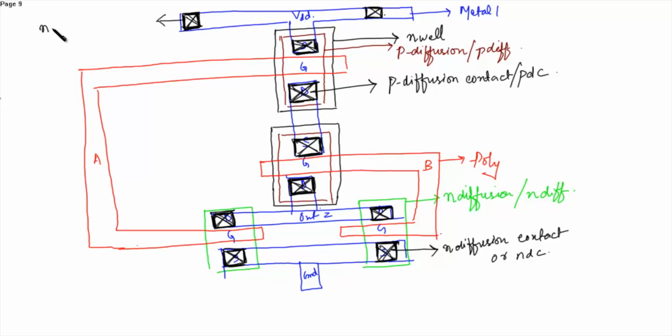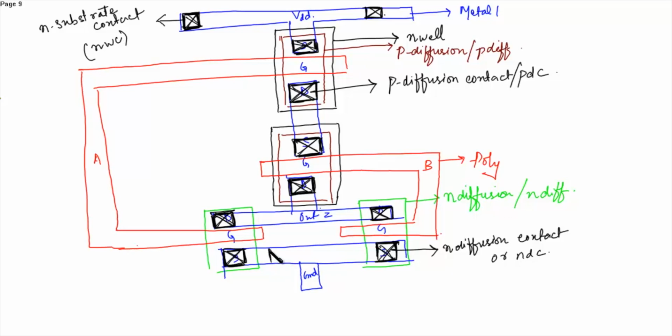So this is the N substrate contact. The N substrate contact is placed at the side of the N well. P substrate contact is placed on the other side. So this is the N substrate contact, and in commands, while typing the commands in Magic, you write it as NWC or the N well contact.